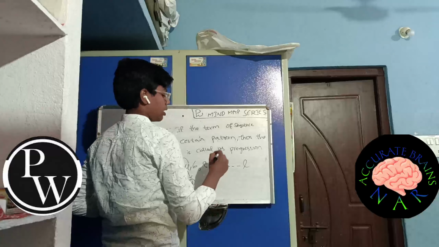If we subtract 4 minus 3, we will get 1 again, which is similar. So it is given the name common difference. And if we see the sequence, what is the first term? The first term, which is 1, is denoted with A. A is nothing but the first term of the sequence or series.